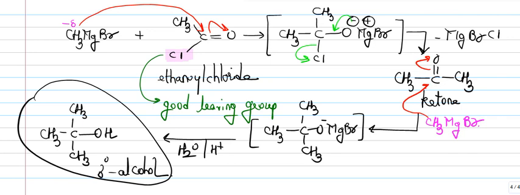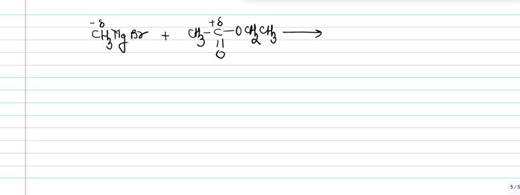Next, we would take up the reaction of Grignard with an ester. So let us consider the reaction of Grignard reagent, every time this is methyl magnesium bromide, reacting with ethyl ethanoate. Let us find out how the reaction would take place.